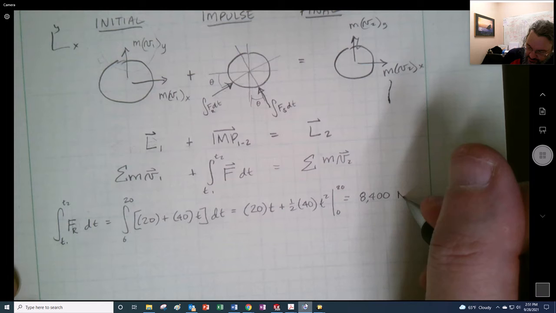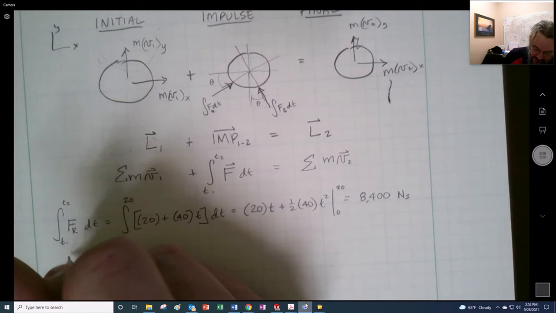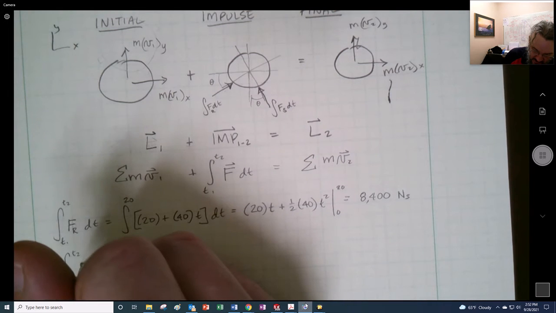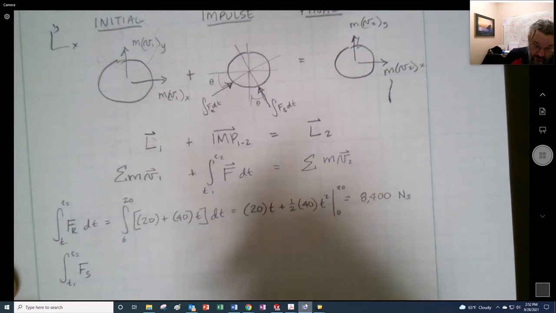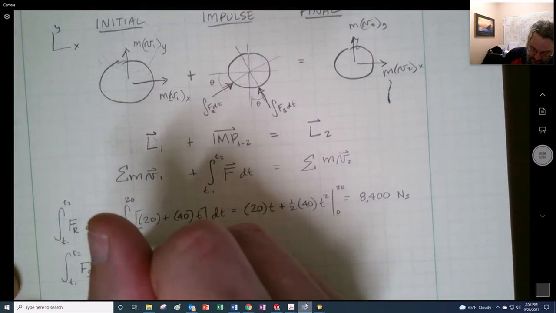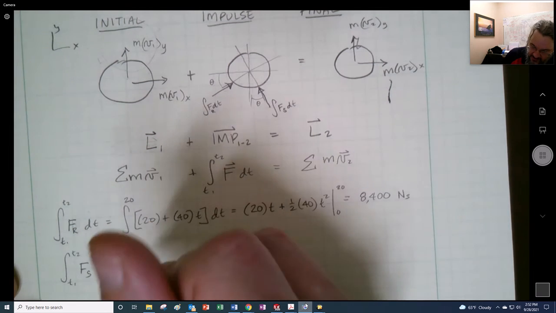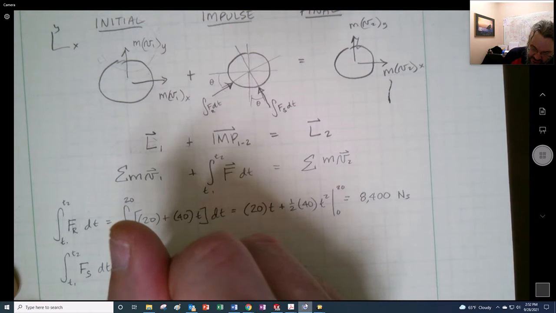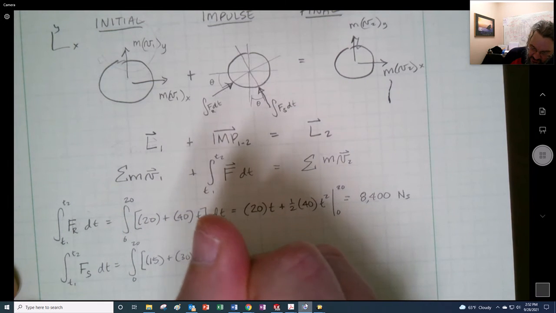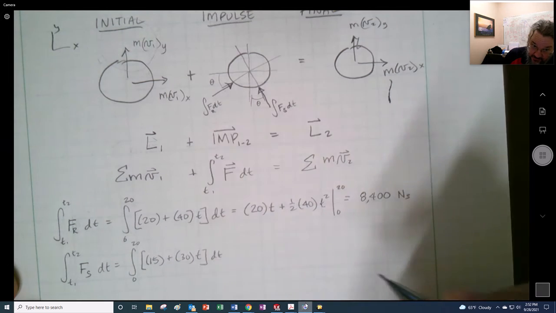And these are going to be in units of Newton seconds. And then I'm going to go from T1 to T2 of my starboard force dt, integrating from 0 to 20 in brackets, and say that it's 15 and 30t dt.